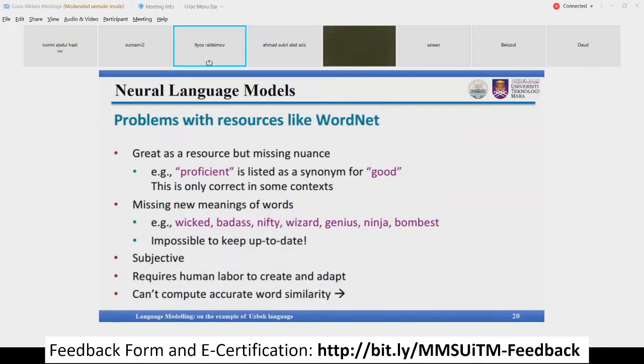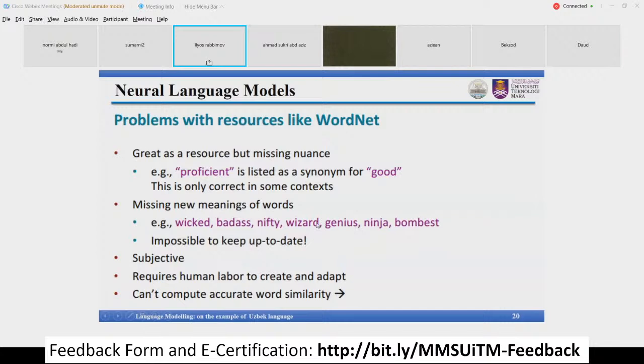Problems with resources like WordNet. Great as a resource, but missing nuance. Proficient is listed as a synonym for good. This is only correct in some contexts, but in some contexts it is not correct. It is also missing new meanings of words, and impossible to keep up to date.